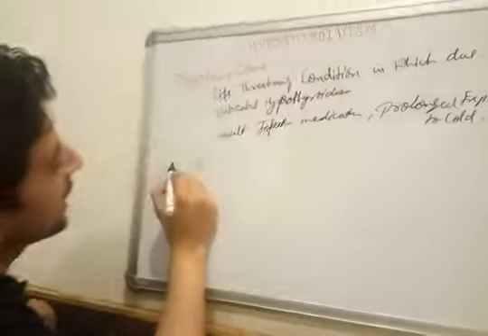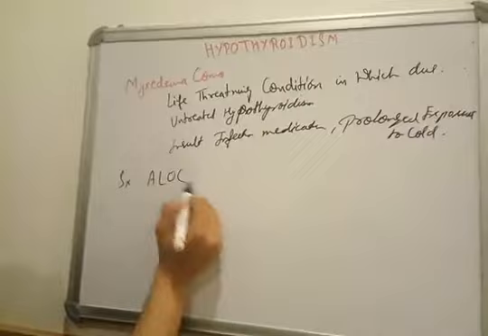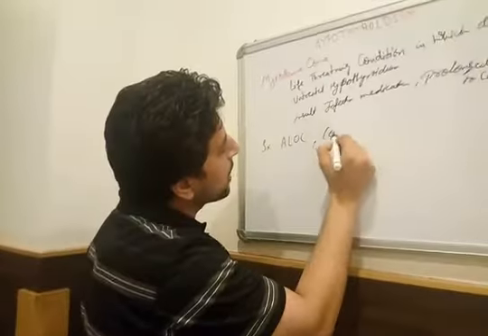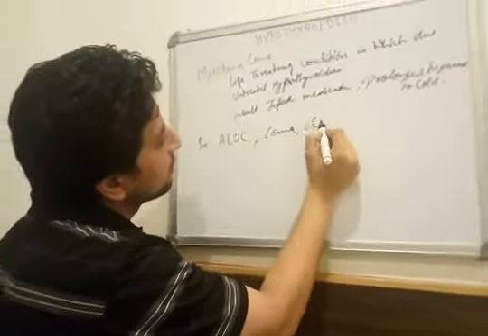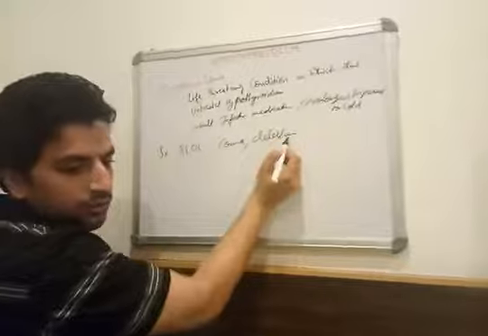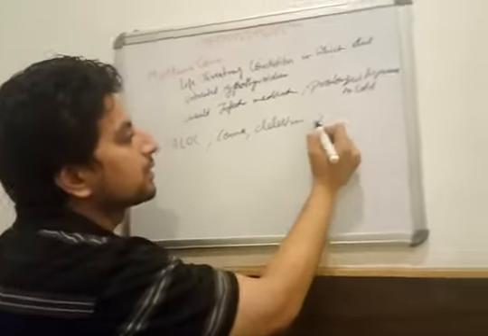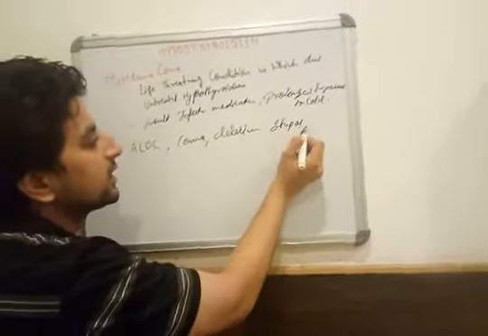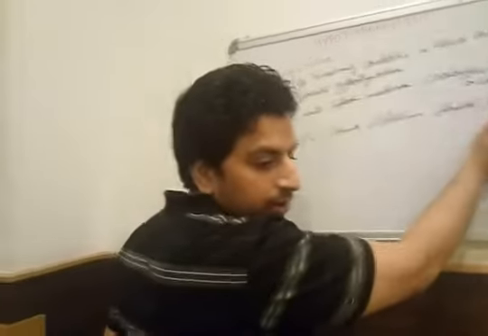And what else? Symptoms: ALOC, I'm going to write. Acute loss of consciousness. Patient loses consciousness in myxedema coma. And what else? Coma, delirium. Such situations occur. Stupor. It's a very severe condition. Lethargy. Patient is lethargic.